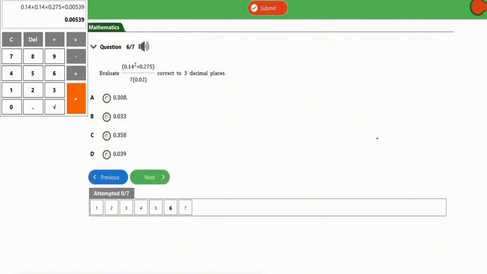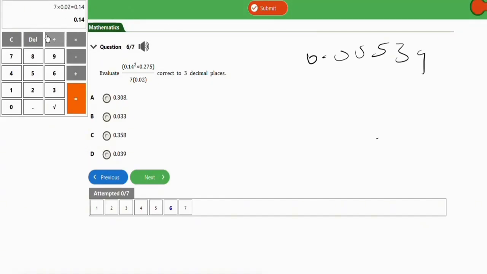Let me write this down so that you will not make unnecessary mistakes. We have 0.00539. Okay, so let's check what this will give us. 7 times 0.02, so we add that, and the output is 0.14.